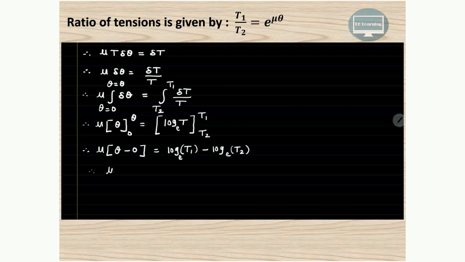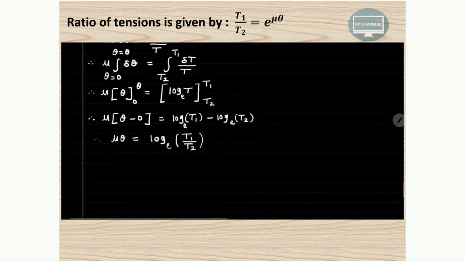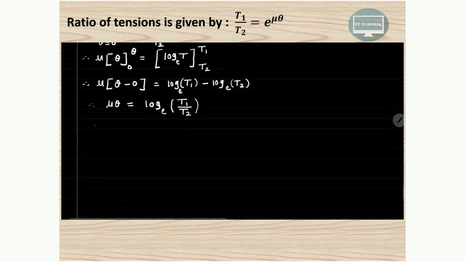So this is nothing but mu theta is equal to log m minus log n, which is log m upon n. So this is log of T1 upon T2 to the base e. So using the definition of the logarithm, we can say that e raised to mu theta is equal to T1 upon T2. So this is the expression for the ratio of tight side tension to the slack side tension in case of the flat belt drive.